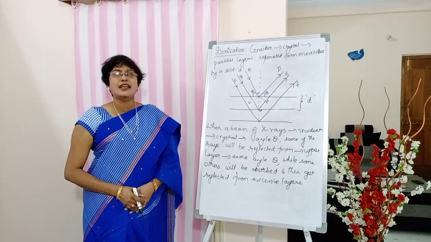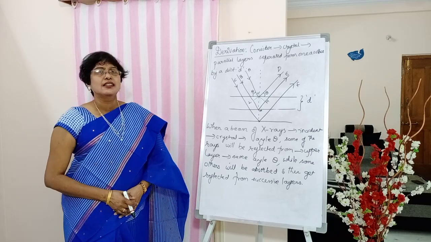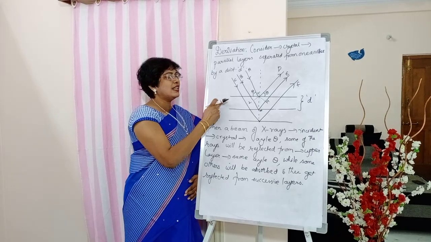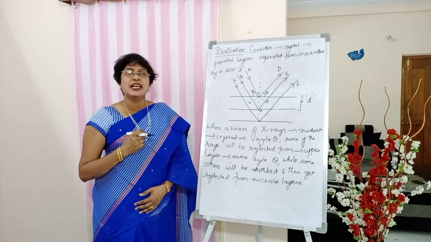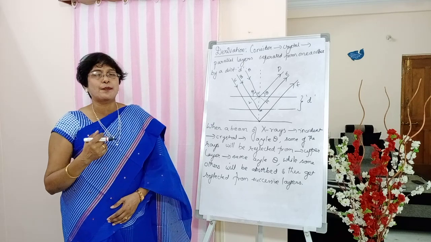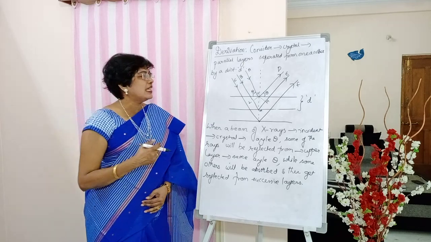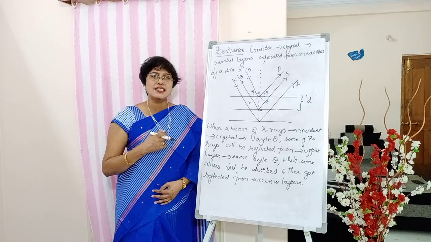Below comes the diagrammatic representation. This is the crystal in which the atoms are arranged in successive or parallel layers, and these layers are separated by a distance d.